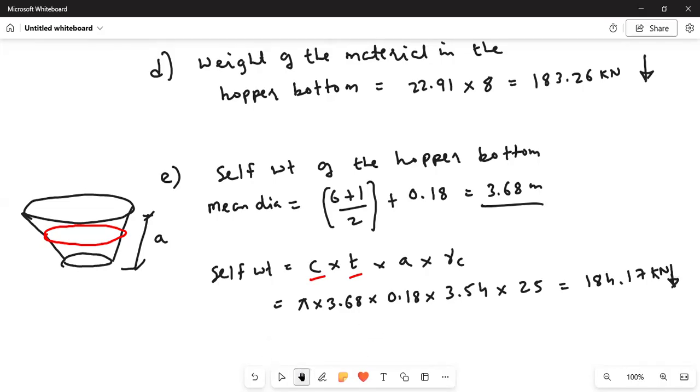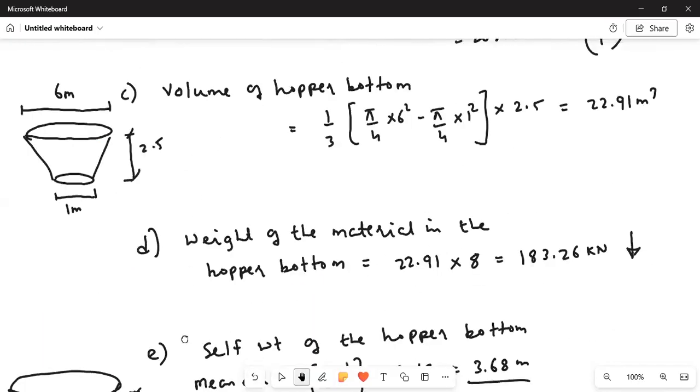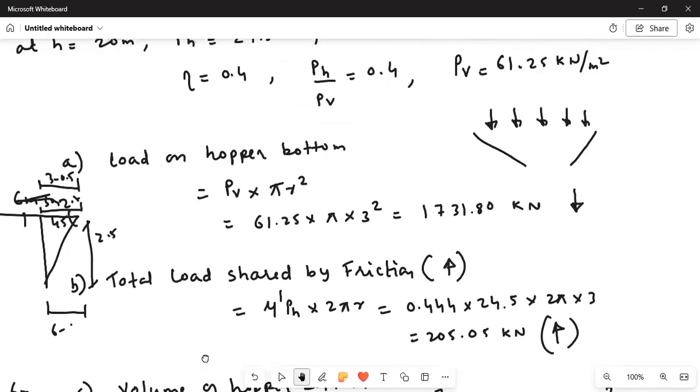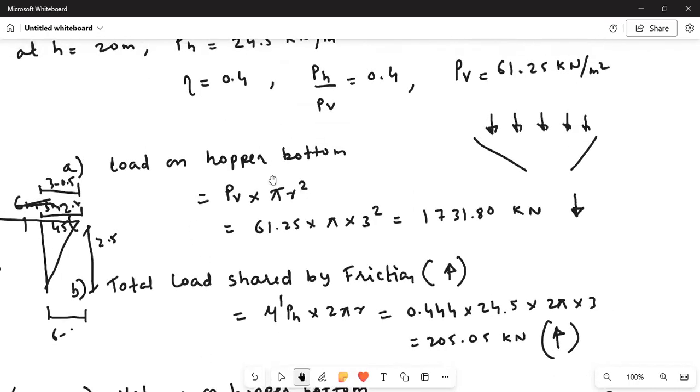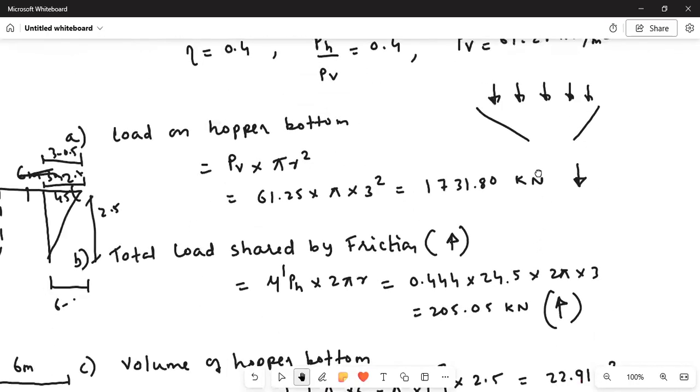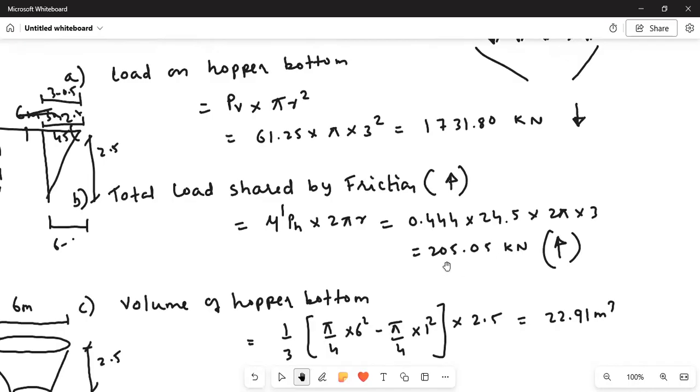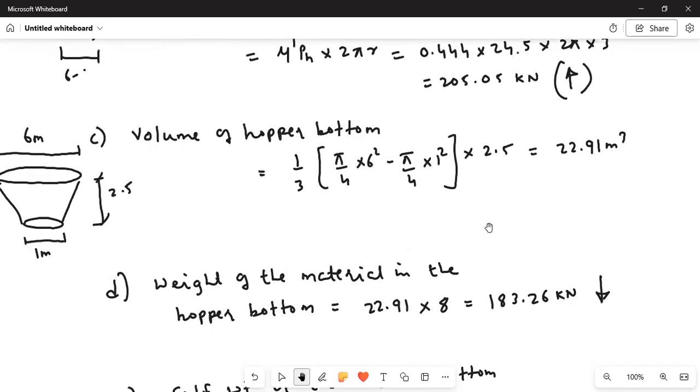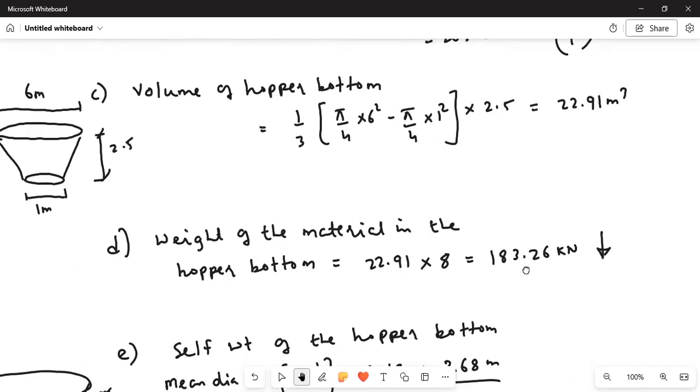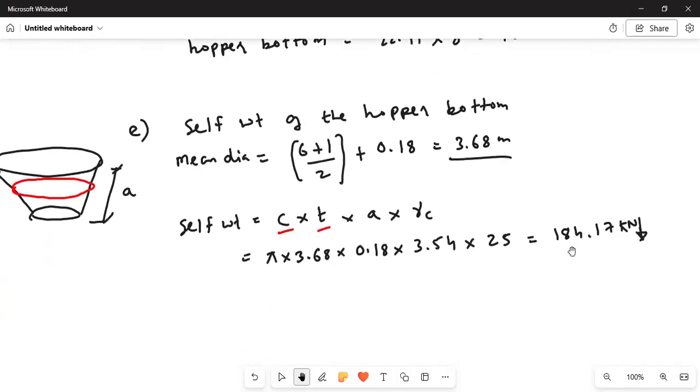Okay. Now you need to find the total weight. Total weight means first the load on hopper bottom, that is vertically downward. This will be plus 1731.80 minus 205.05, then plus 183.26, then plus 184.17.